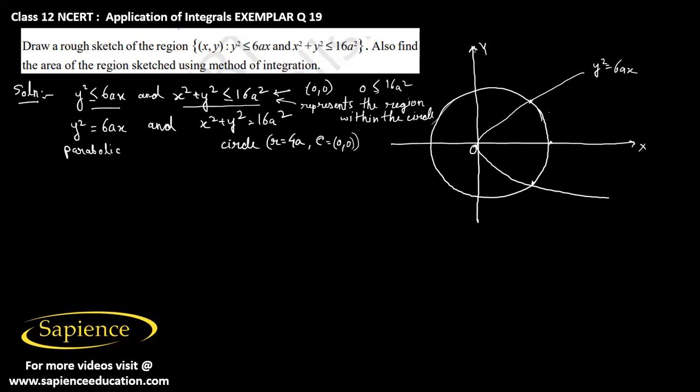The circle will intersect the x-axis at the points 4a, 0 and minus 4a, 0, since the radius is 4a. So if I put 4a, 0 in this inequality, then obviously 0 square is less than or equal to 6a times 4a.